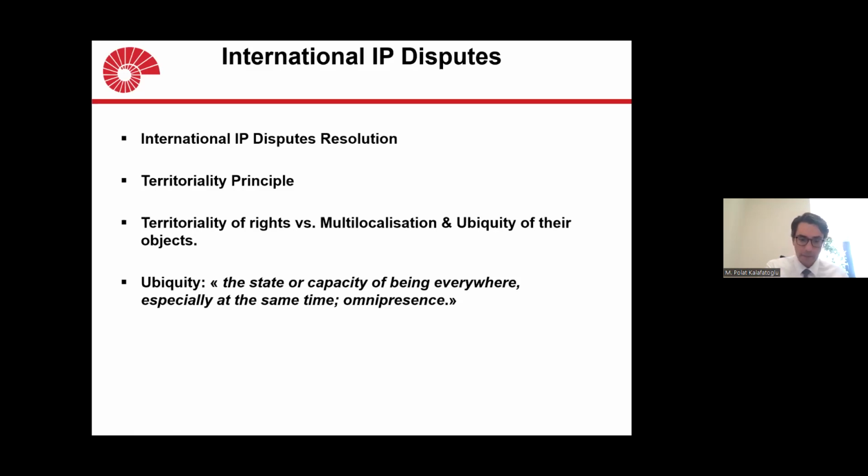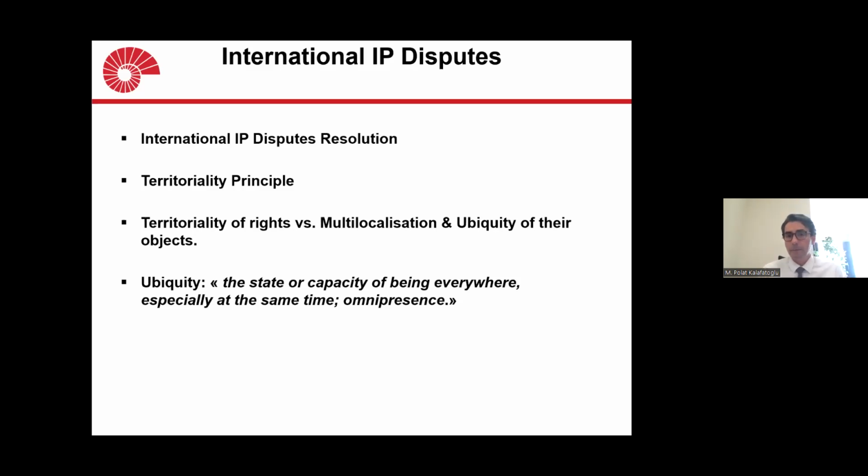So as I said, one of the most important principles when we are dealing with international IP disputes is the territoriality principle, because I noted the immaterial nature of IP rights, and this immaterial nature leads us to the territoriality of IP rights.